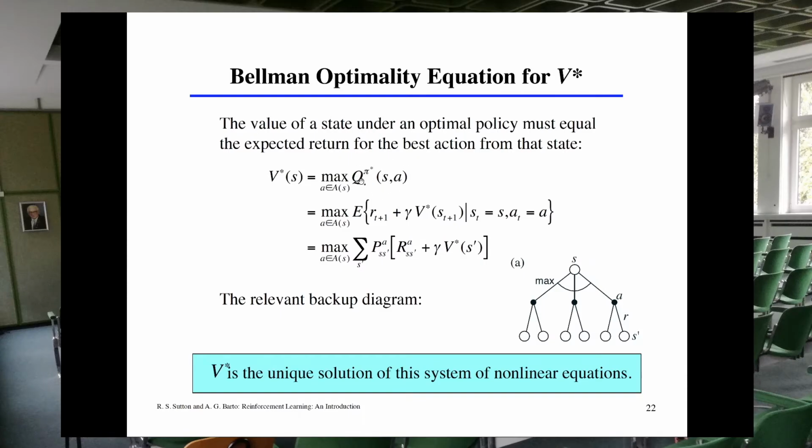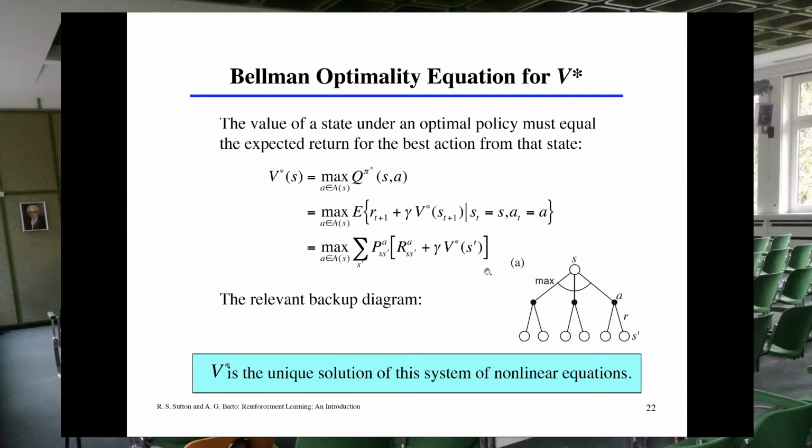So as we defined before, the Q value of a pair of state and action is given by the expected return: the expected reward that you will get in the next time step, plus the discounted, gamma times the value of the next state, starting in the next time step t plus 1, given the state and the action defined up here.